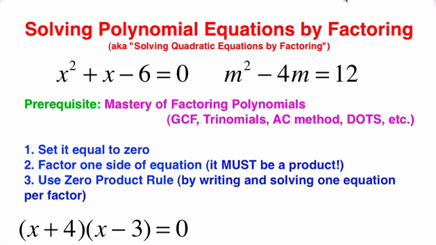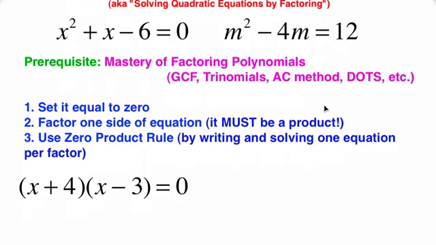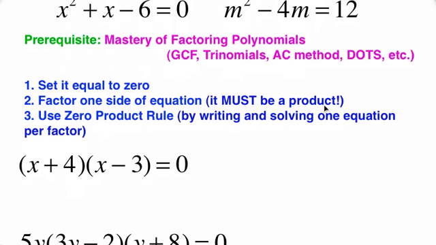So let's take a look at some examples. Our first example is already factored. One of the things that we're going to do is ease our way into the skill. So the first example, which is x plus 4 times the quantity x minus 3, has already been factored.